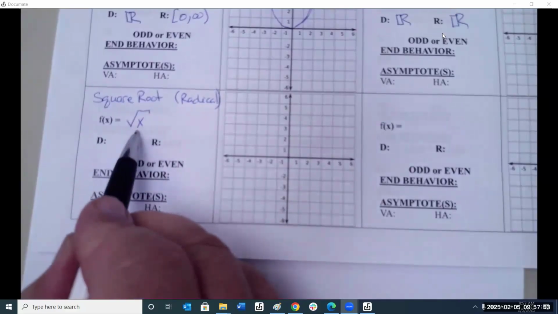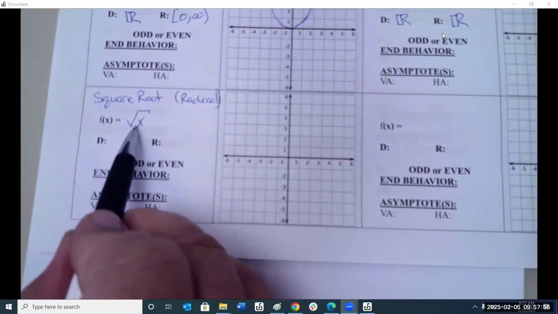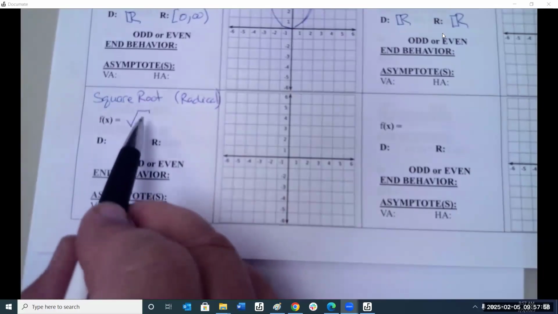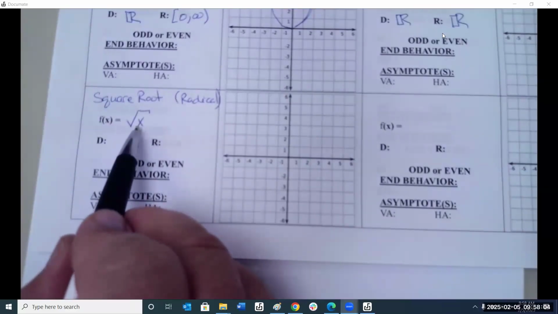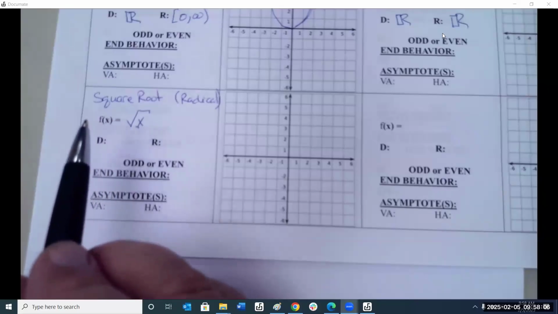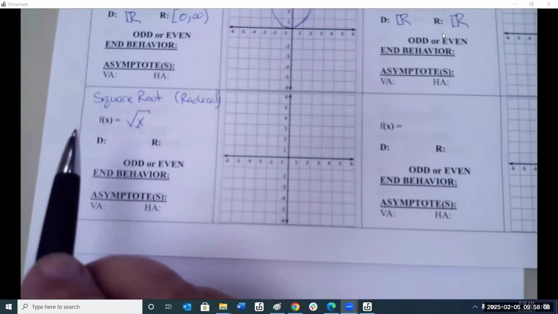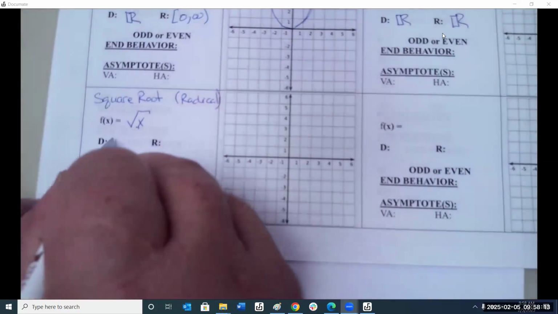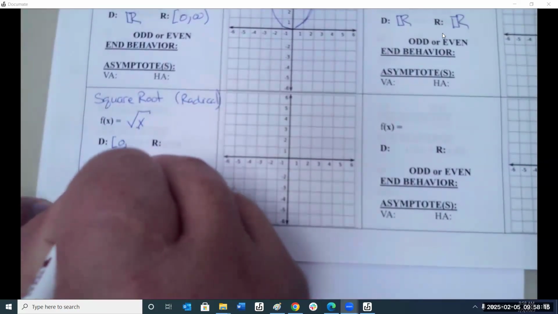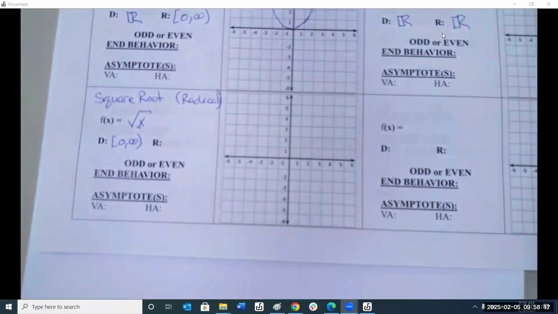Can I put a positive number in there, like 4? Square root of 4 is 2. That's okay. Can I put 0 in there? Yeah, 0 times 0 is 0. Can I put a negative in there? No, because the square root of negative 4 is not negative 2, because it has to be the same number. So what we know here, my domain is from 0 to positive infinity only.